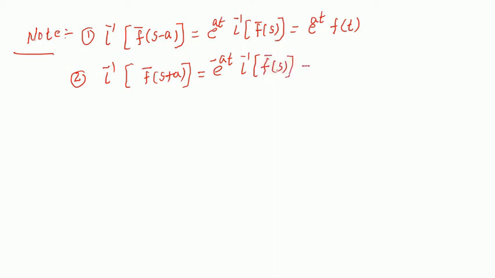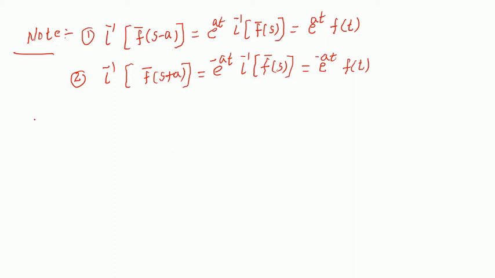So this is equal to e power minus at into f of t. So these are the 2 points we have to remember under the first shifting theorem in inverse Laplace transform.